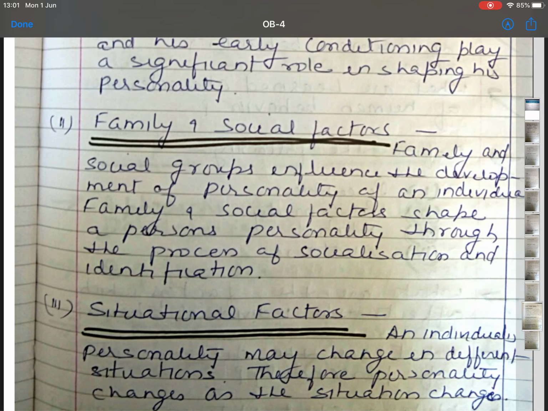So we can say socialization starts with the initial contact between mother and her new infant. Identification starts when a person begins to identify himself with other members of the family. So these factors, family and social factors, have a significant role in shaping the personality of a person.